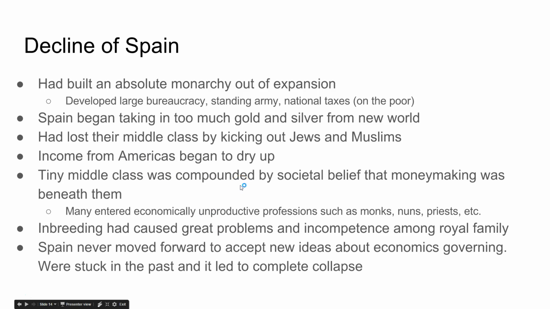And then their tiny middle class problem is made worse because people in Spain believe that money making was beneath them. And so instead of trying to go into economically advantageous professions, they become monks and nuns and priests and do jobs that aren't bad necessarily, but they're not contributing to the overall national economy.